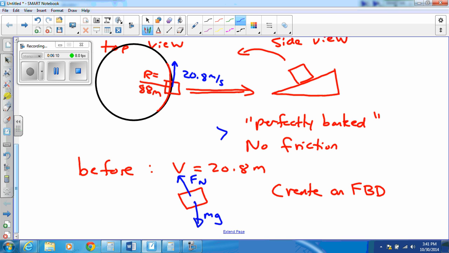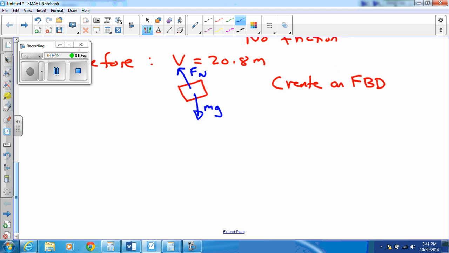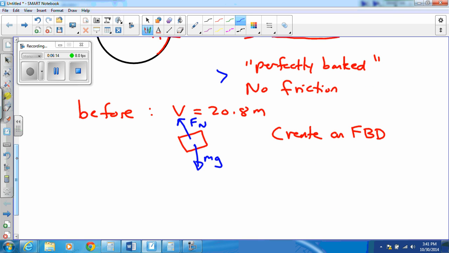And so now that we have our free body diagram, the next obvious thing to do is sum of forces. But in order to get there, we need to have some components. And our plan of attack for banked curves in general is that we're going to maintain the usual XY axes.